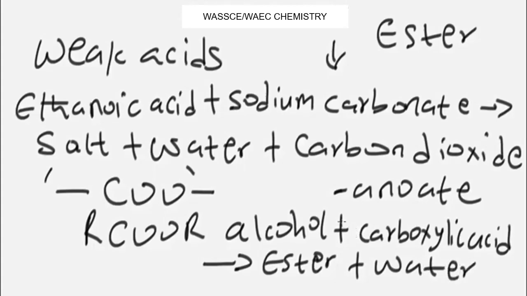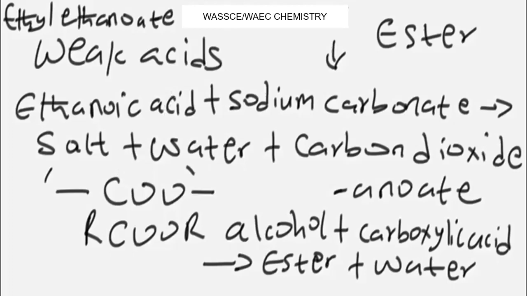For example, ethyl ethanoate can be made from ethanoic acid and ethanol with an acid catalyst. This is ethyl ethanoate. So these esters can be made from a reaction between ethanoic acid and ethanol in the presence of an acid catalyst.